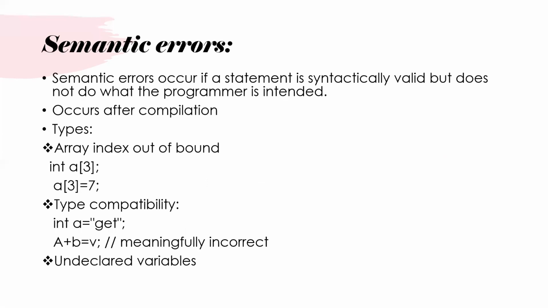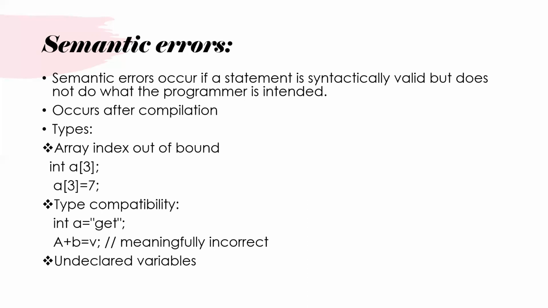Then come the semantic errors. Semantic errors occur if the statement is syntactically correct and meaningfully wrong. For example, if we declare an array of size 3, it will have storage for three variables from 0 to 2. Here we have declared an array A of type integer with 3 memory areas.